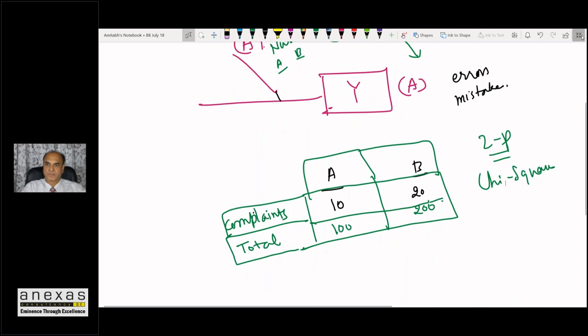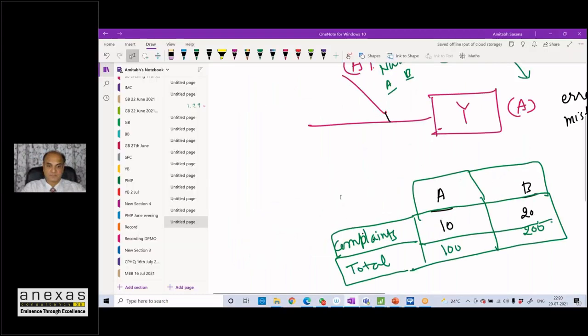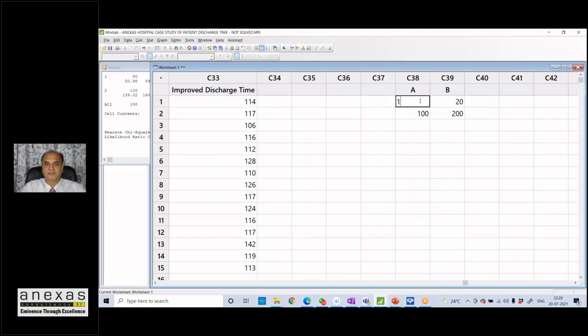If I were to do a two p-test, nurse A and nurse B, 10 upon 100, 20 upon 100.